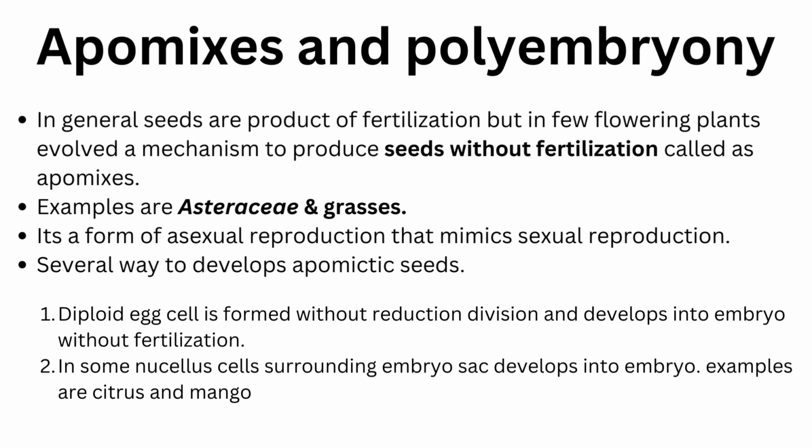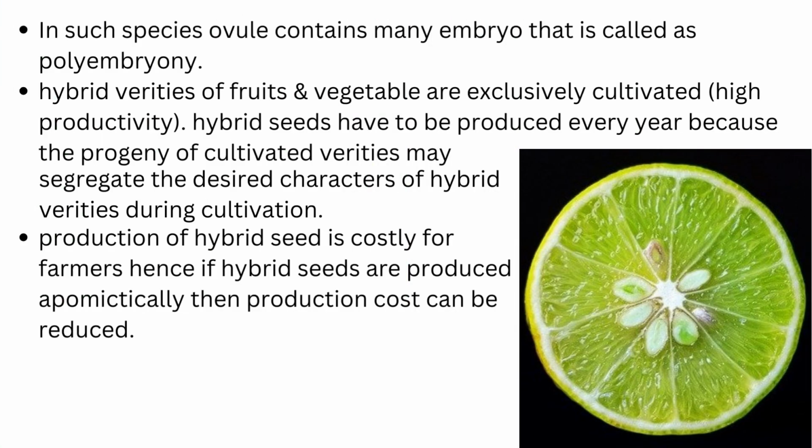Several ways to develop apomictic seeds are: first, a diploid egg cell is formed without reduction division and develops into an embryo without fertilization. Second, in some species, nucellus cells surrounding the embryo sac develop into an embryo. Examples are citrus and mango. In such species, the ovule contains many embryos, which is called polyembryony.